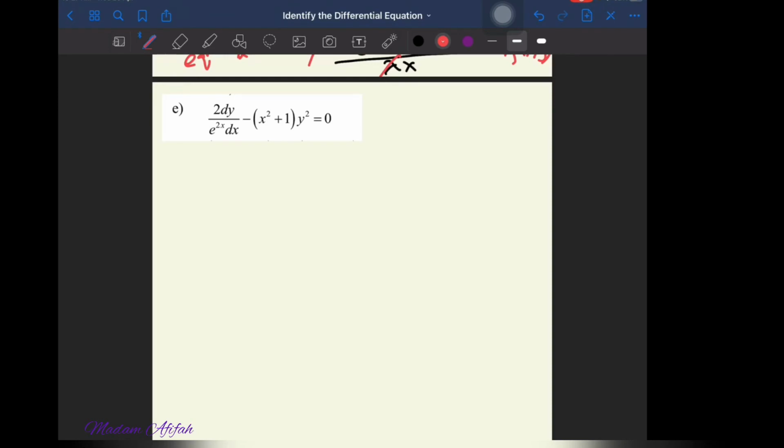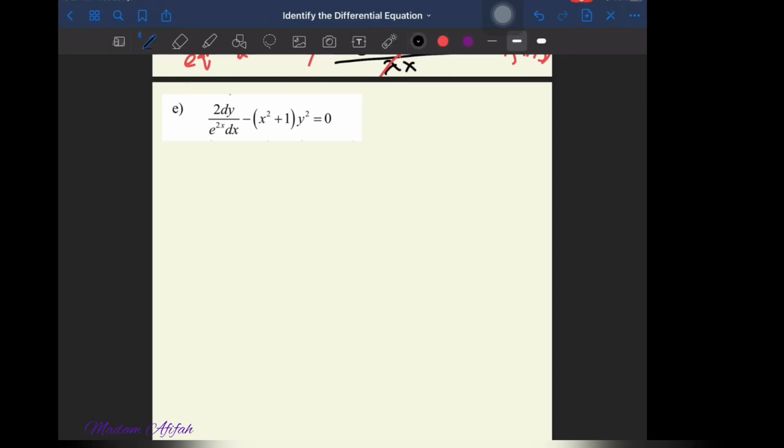Although, as you can see here, you can write in the form of linear equation, but the highest power of y is 2. So this is non-linear. So what you can try is, we try to separate. Okay?